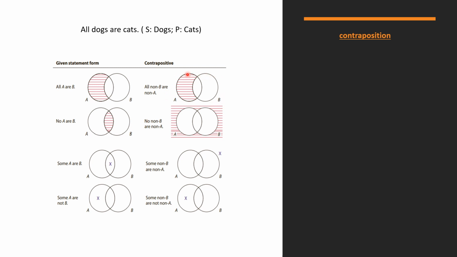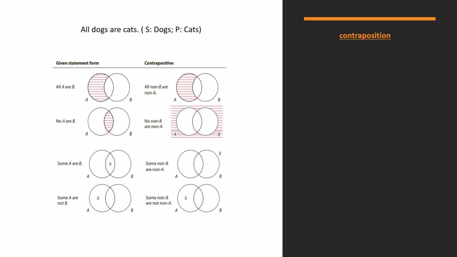The statements are actually not totally altered, but most of them show different regions in the Venn diagram, and it's really interesting. All right, so this way it works. When you say all A are B, then you say all non-B are non-A, right? What is non-B here? Yes, this is the non-B part, right? They are non-A, because if A exists, then that A should be part of B, right?